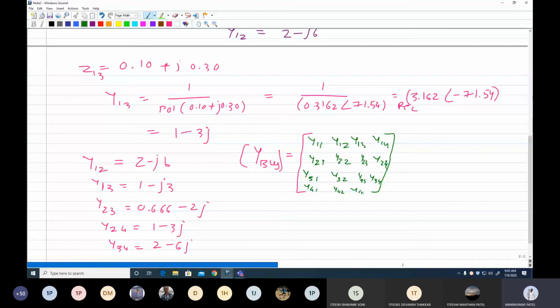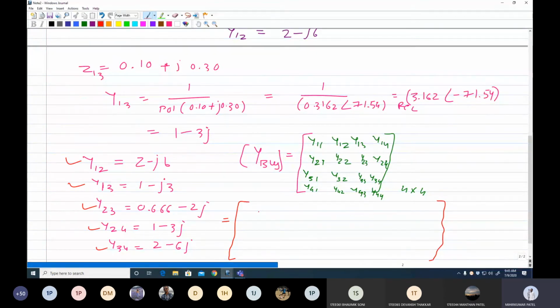It is a 4 cross 4 matrix. You have already calculated all the elements given in your system, so now just formulate the final answer.